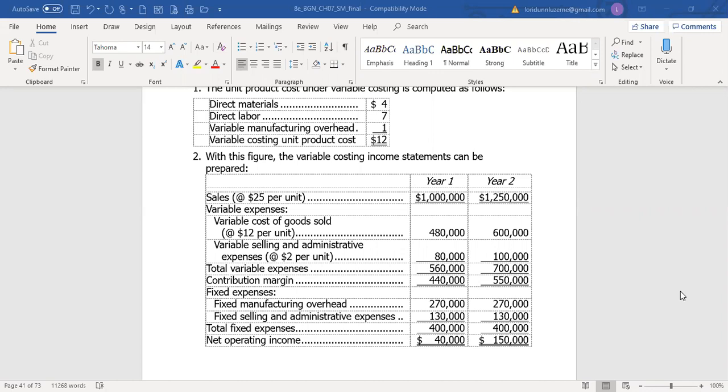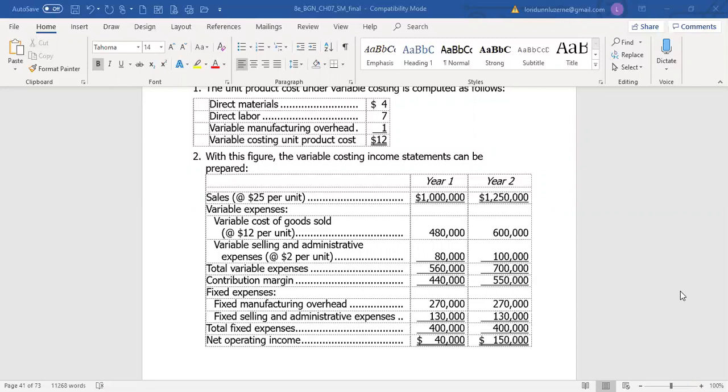It tells us the portion of the selling and administrative costs that are fixed and the part that are variable. We also would do that for the second year, taking the number of units sold times the $2 per unit variable selling and administrative expense. Subtract those two from the sales to get your contribution margin for each year.